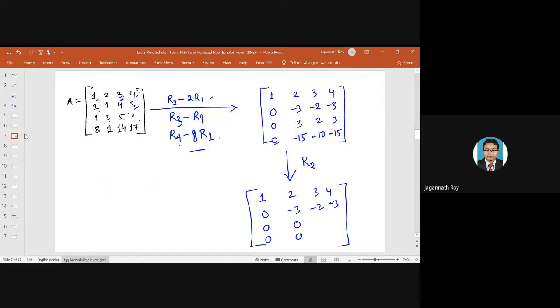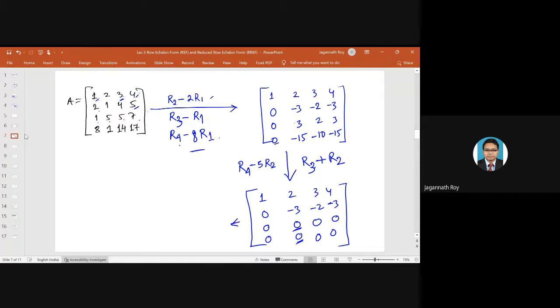So this is R3. We want 0 here and 0 also here. So for that we do R3 plus R2. If we do that, this becomes 0, 0 and 0. And again, if we do R4 minus 5 times R2, then again it becomes 0, 0 and 0.